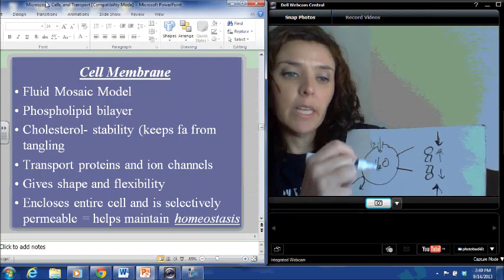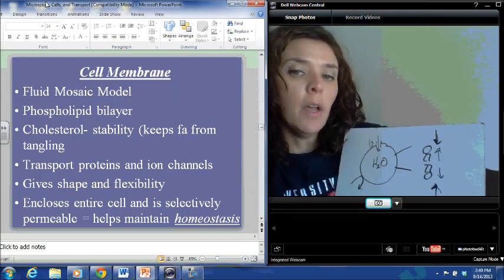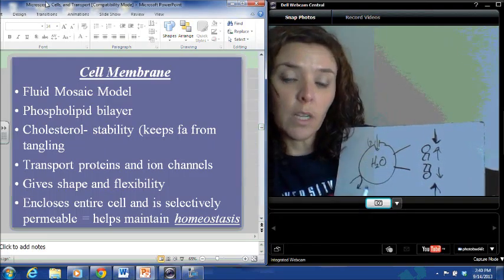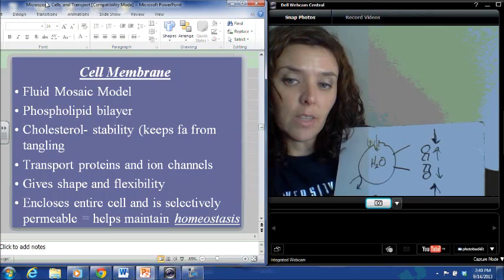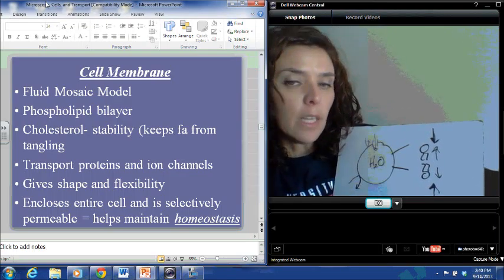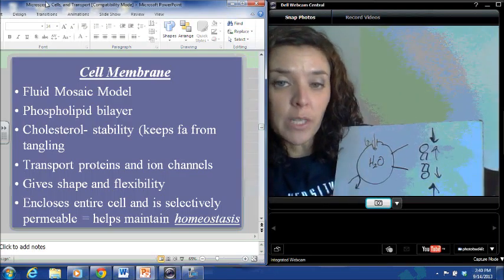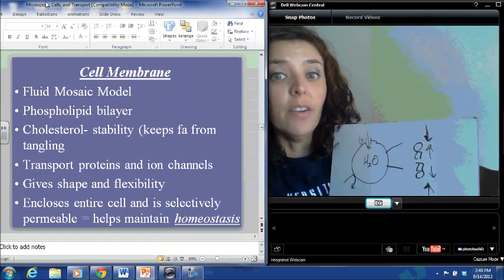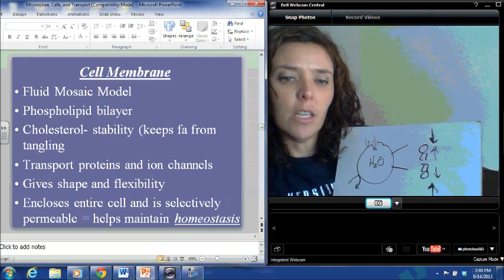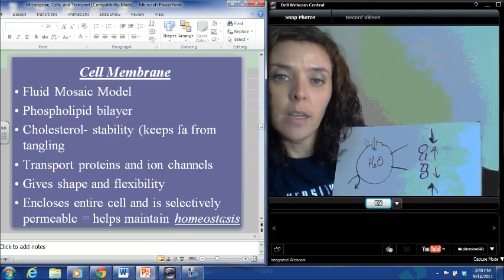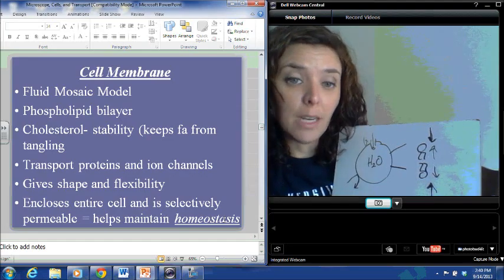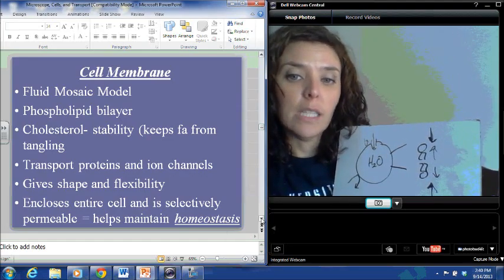We'll talk about these in just a minute. Because the membrane is so important in controlling what goes into and out of the cell, it is what is most important in helping the cell maintain stable conditions. The word for stable conditions is homeostasis. The membrane is one of the most important structures of the cell in helping it maintain homeostasis.